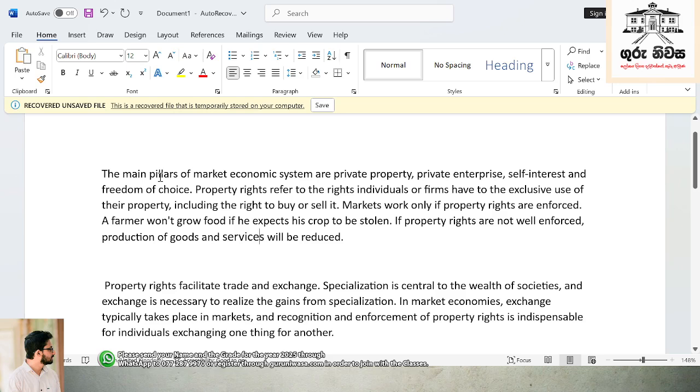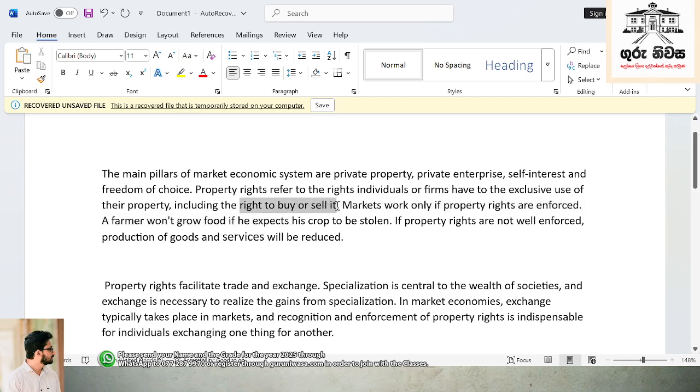This means the first paragraph provides a little introduction to the market economic system, giving some characteristics. Property rights mean: number one, individuals or firms have exclusive use of their property, including the right to buy or sell it.